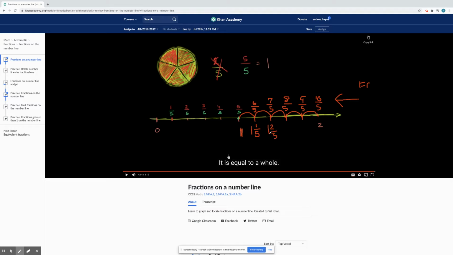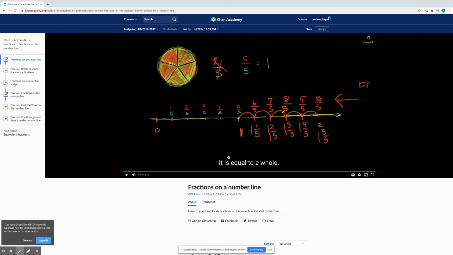Make my 1 bigger because it has to be as big as the whole fraction. 1 and 3/5. 1 and 4/5. And then when you get to 2, it is also known as 1 and 5/5, because 5/5 equals another whole. So you have 1 whole and 5/5.